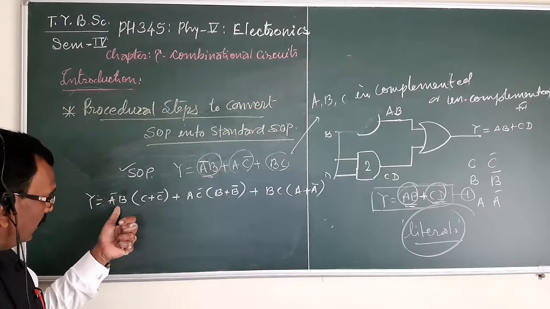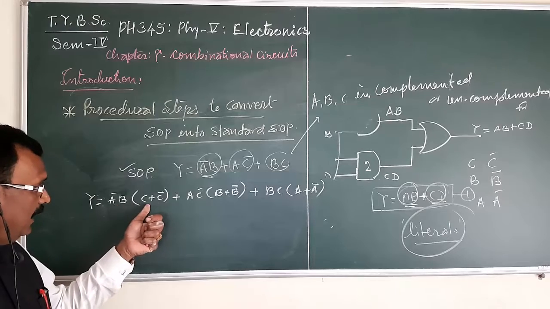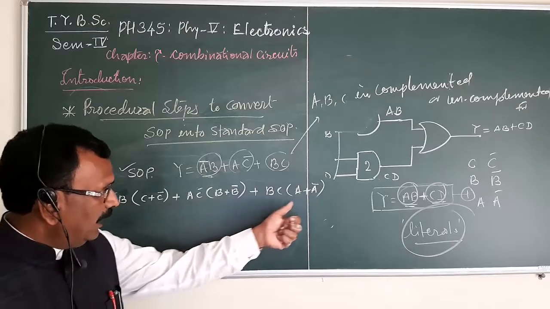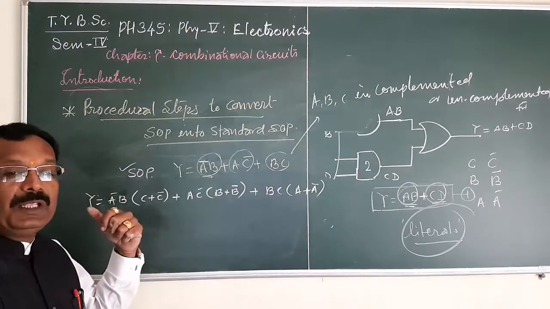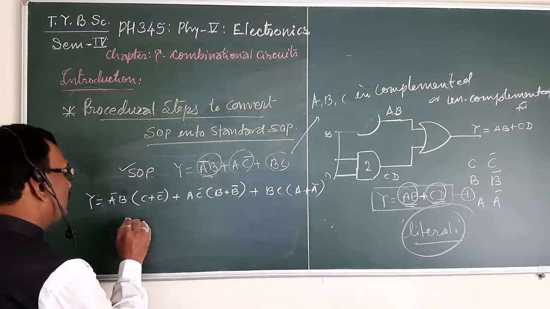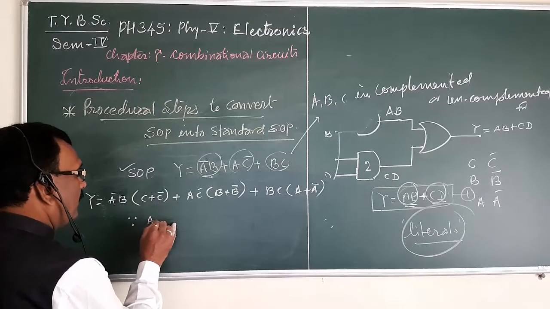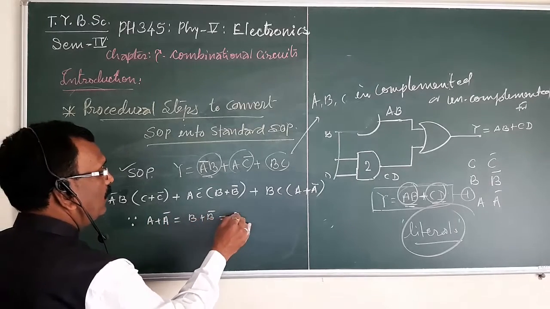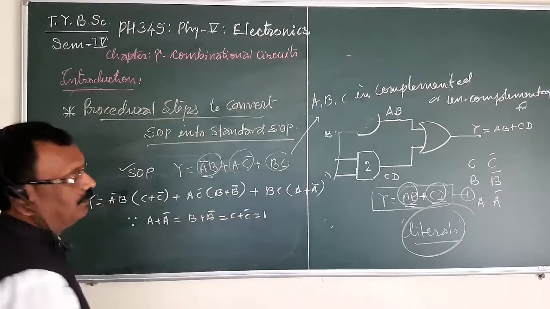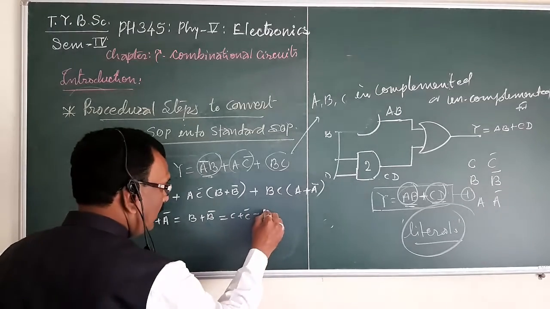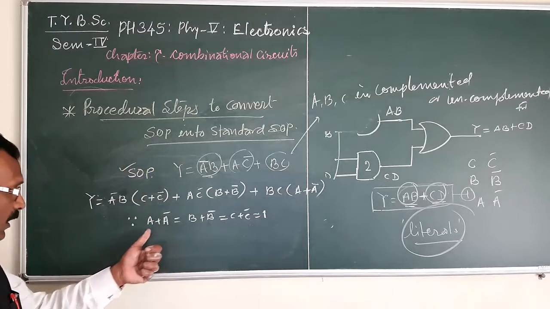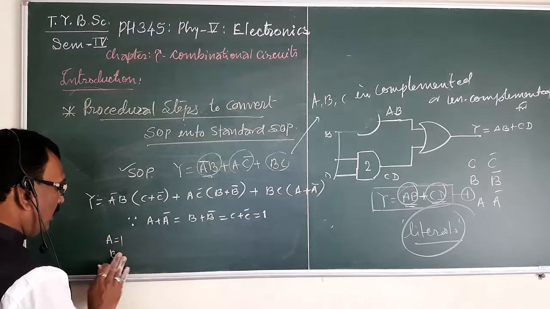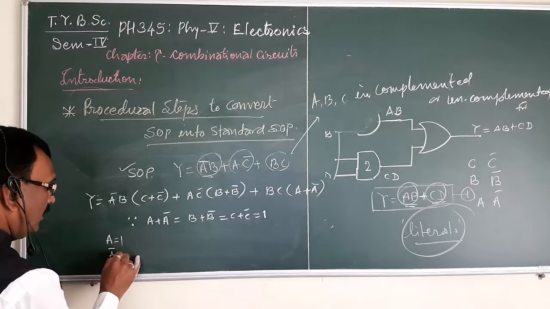Though we multiply the first term by C plus C bar, B plus B bar to the second term and A plus A bar to the third term, there is no effect on this equation, because A plus A bar is equal to B plus B bar is equal to C plus C bar, which is always 1. That means what? If A is logically 1, A bar is logically 0.